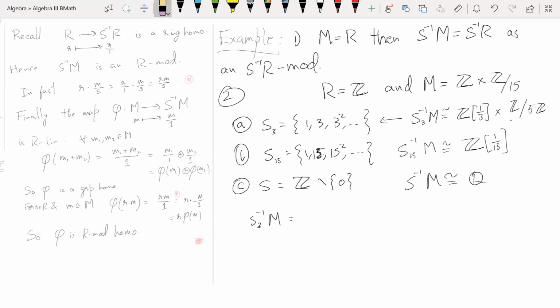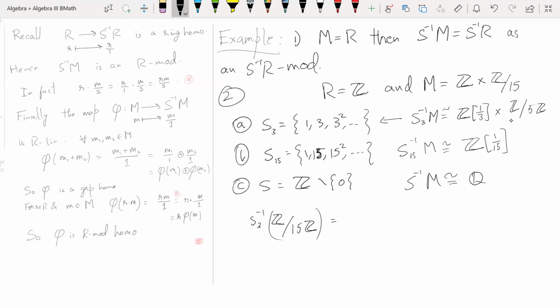So let's just try to compute this, and then we will prove that for a product it just splits that way. So Z mod 15 is a Z module, and we want to compute S3 inverse of Z mod 15Z.